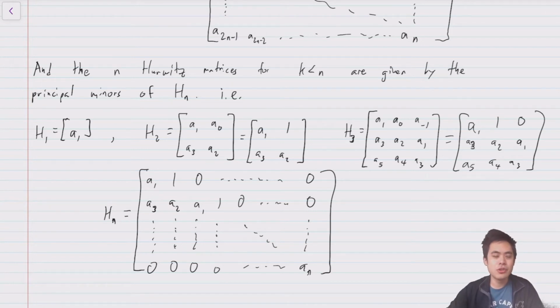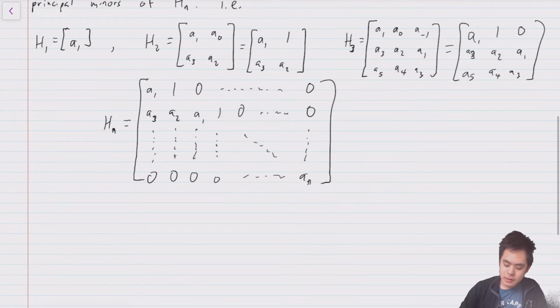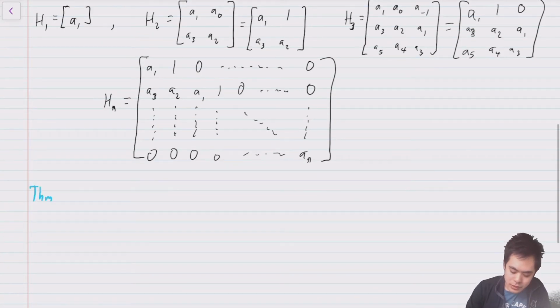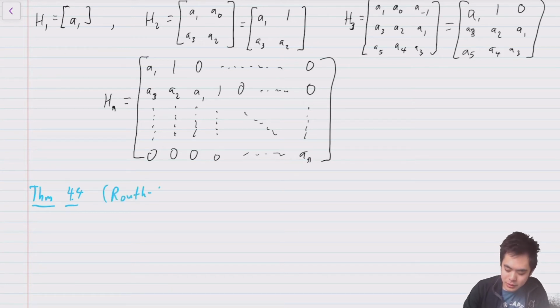So now, what can you do with this super weird matrix? Well, it turns out there is a very nice theorem. This is called the Routh-Hurwitz criteria, the main topic of today's lecture. We're not going to prove this theorem, but it is useful to know.